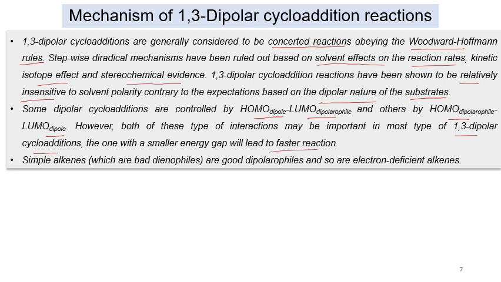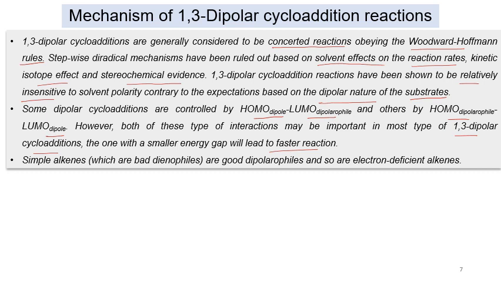Okay, so the gap between the HOMO of the dipole and the LUMO of the dipolarophile could be smaller, or depending on the substituents, the HOMO of the dipolarophile and the LUMO of the dipole may have a smaller gap. It will all depend on what substituents are present at either the dipole or the dipolarophile.